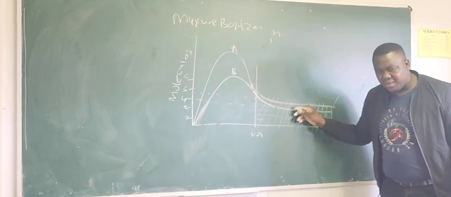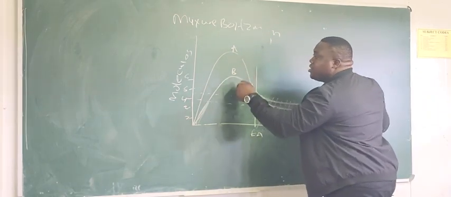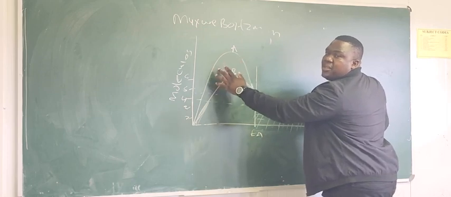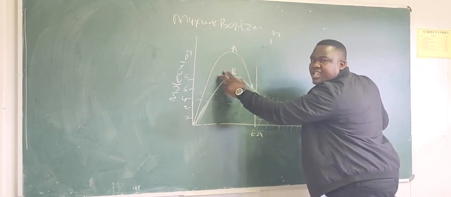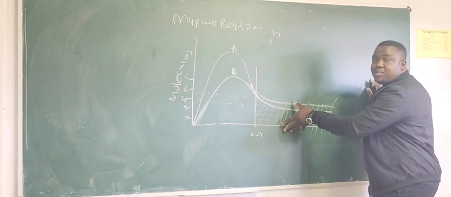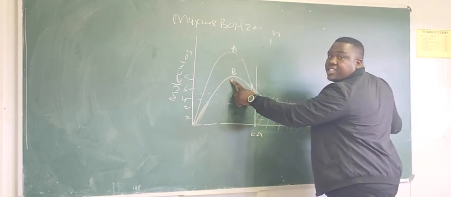Although A has many molecules, the problem is that these molecules are not useful. They do not have kinetic energy. You understand? So which curve was obtained at high temperature? Curve B. Why high temperature?